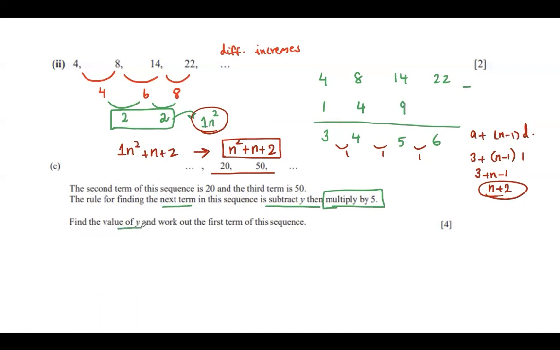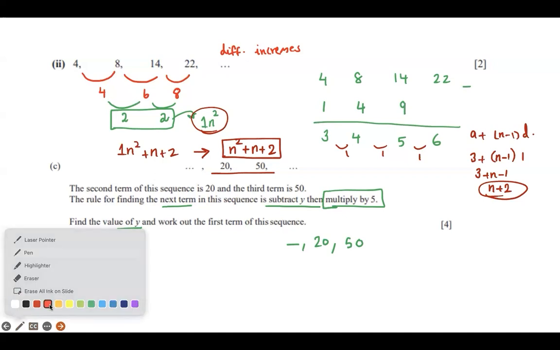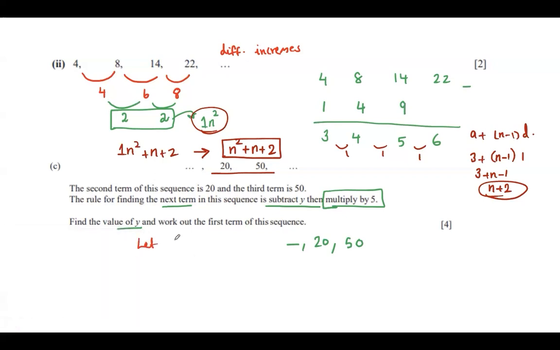Find the value of y and work out the first term of this sequence. So we know that over here we have 20 and we have 50. So let the first term be a.